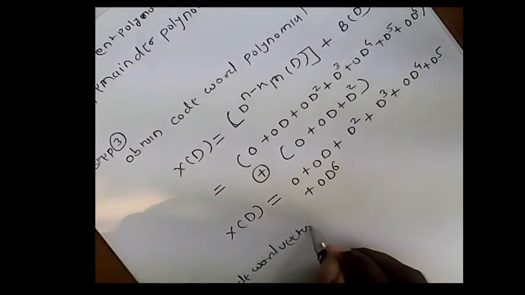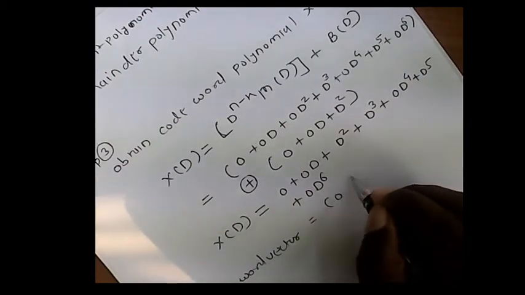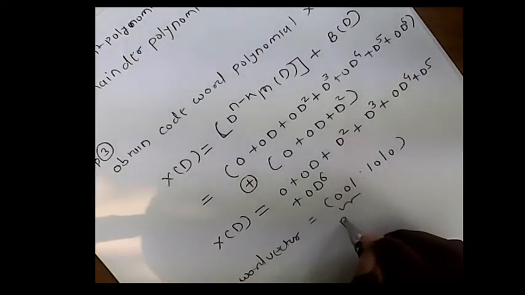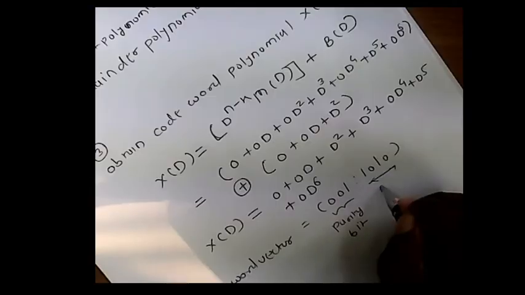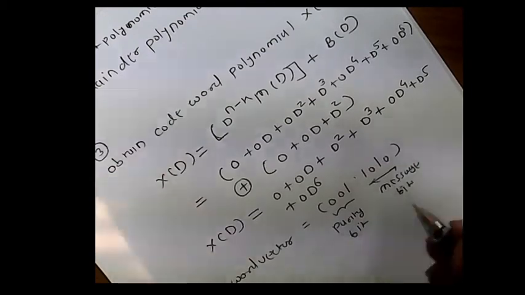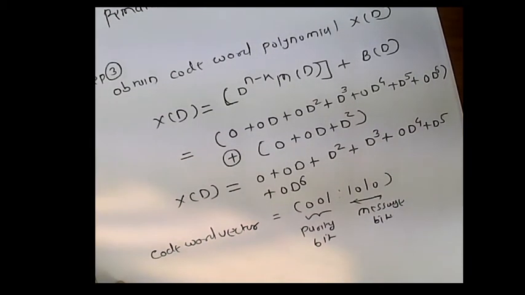We get the code word vector in binary format: 0 0 1 1 0 1 0. So this is your parity bits, and this is your message bits, which is a systematic format. So we can solve here to obtain the systematic and non-systematic cyclic code vectors.